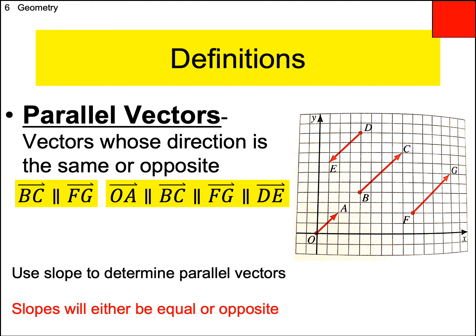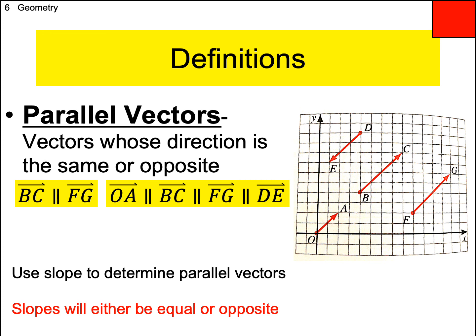It says opposite. That's the case for BC and DE, which are pointed in opposite directions. So we're not going to say opposite reciprocals, we're just going to say opposite. So if the slope of BC is 3 and the slope of DE is negative 1/3, then we're going to say that they're parallel.